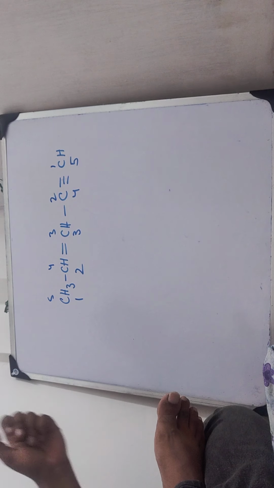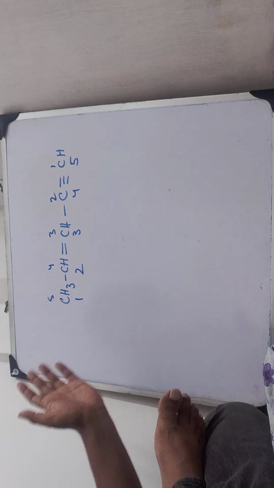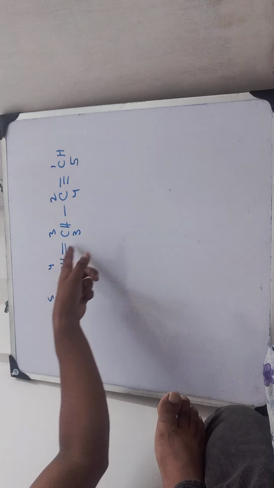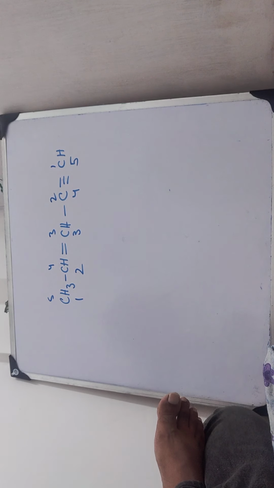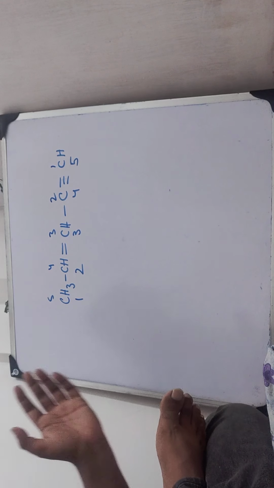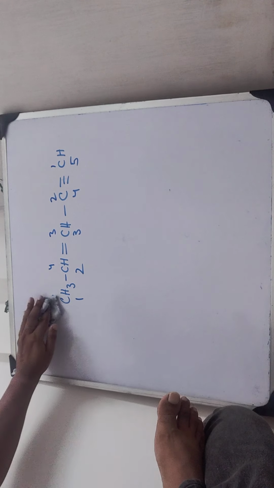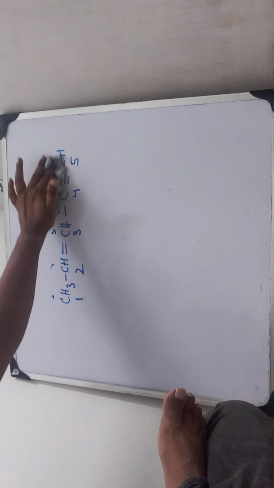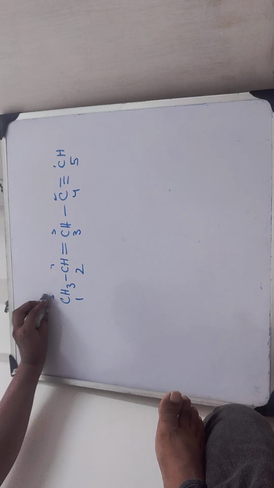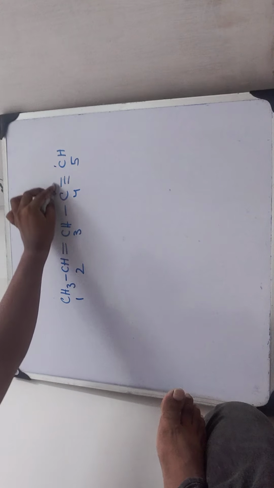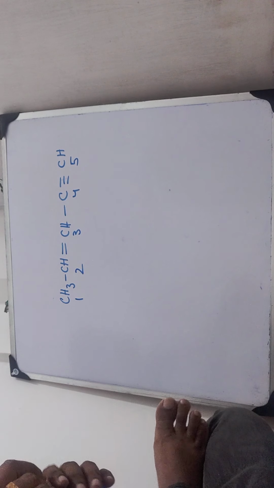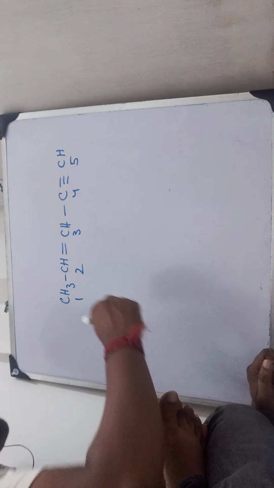So which one is correct? I say between double bond and triple bond, priority is given to the double bond. So this numbering is true: 1, 2, 3, 4, 5. Is that clear? So what will be the name of this compound?